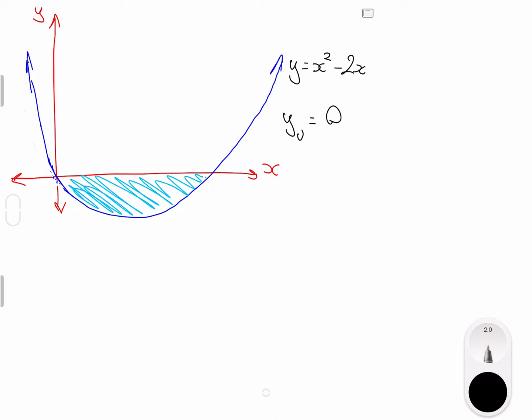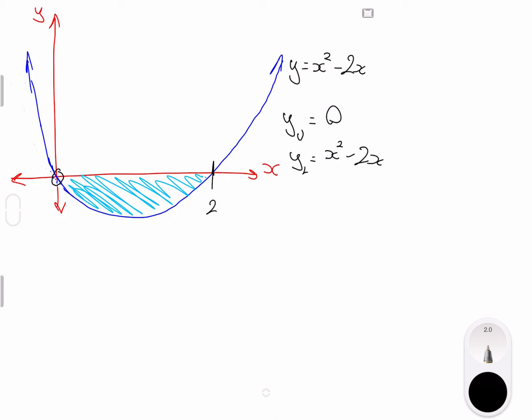So if the upper y is equal to 0, then the lower y is just going to be equal to x squared take 2x.